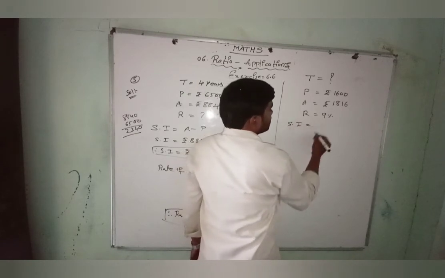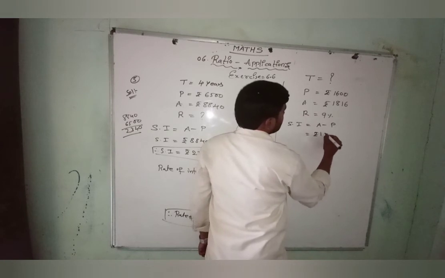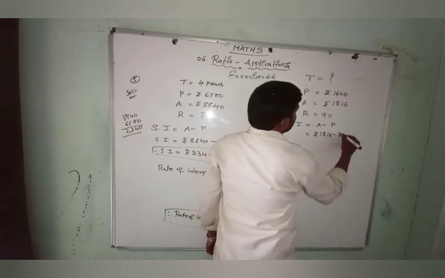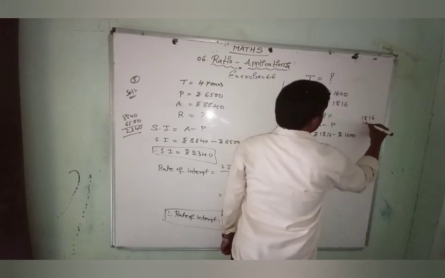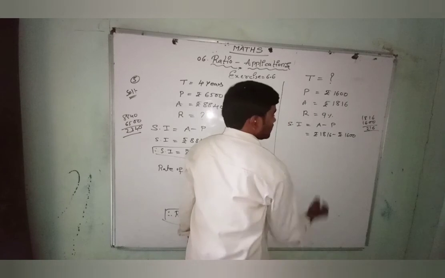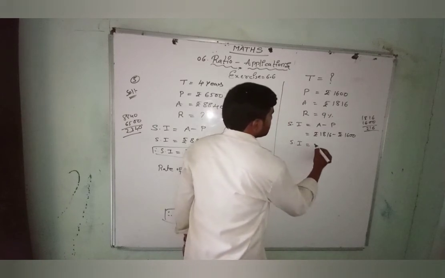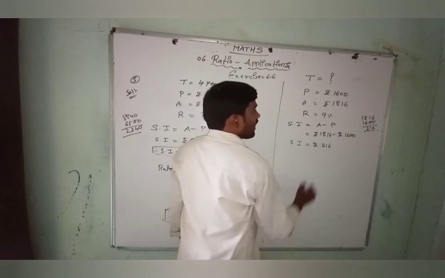First we find out the simple interest, that is amount minus principal. The amount is 1816 minus principal 1600. 1816 minus 1600 is 216. So the simple interest equals rupees 216. Now we have to find out the time.